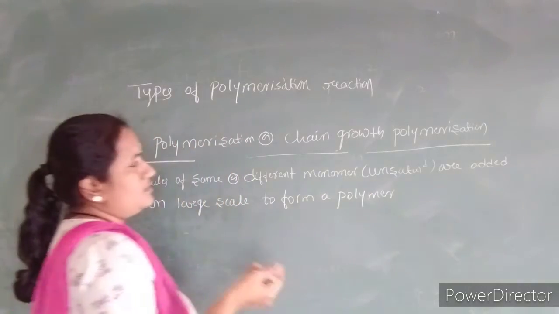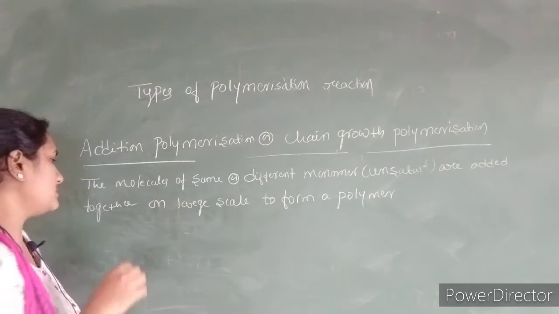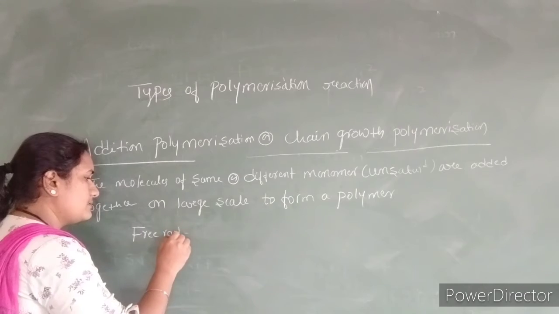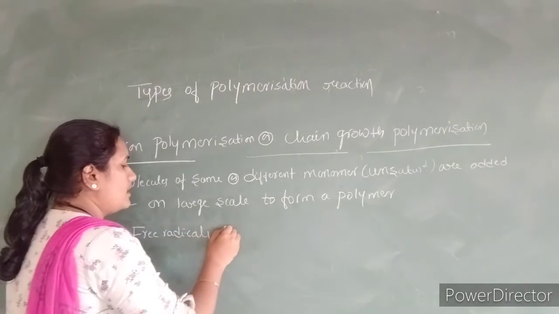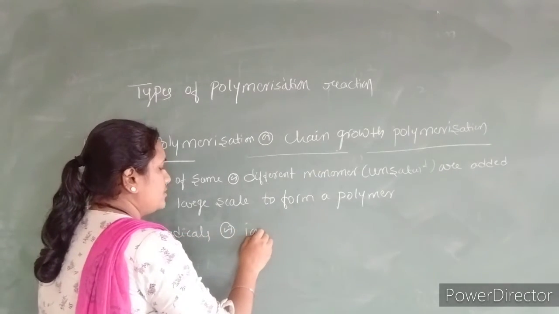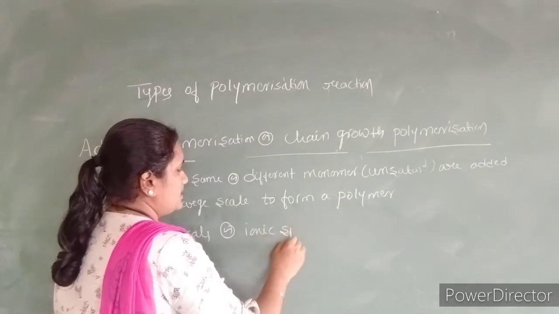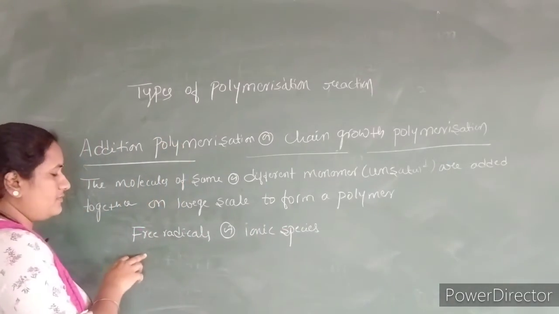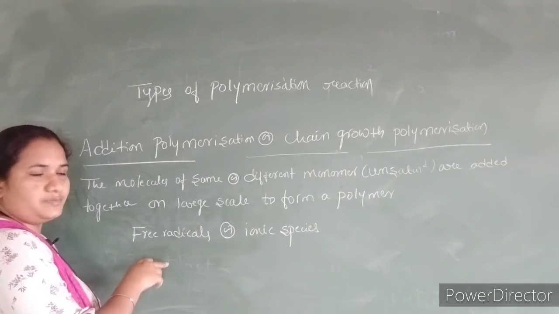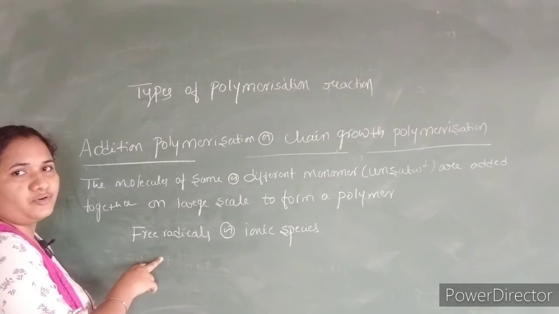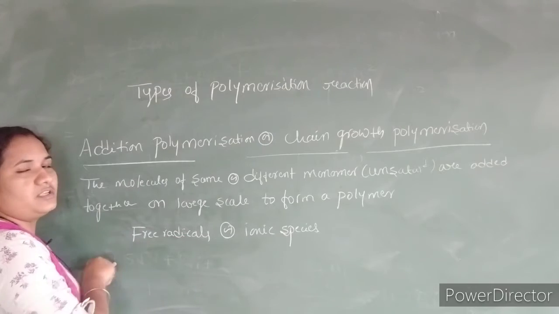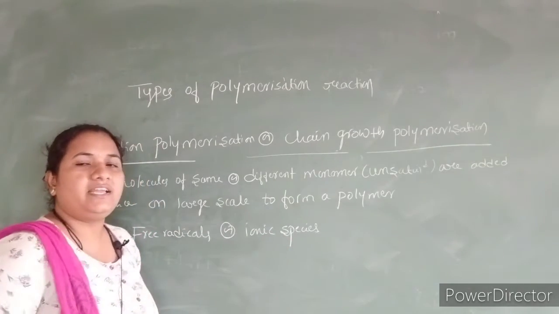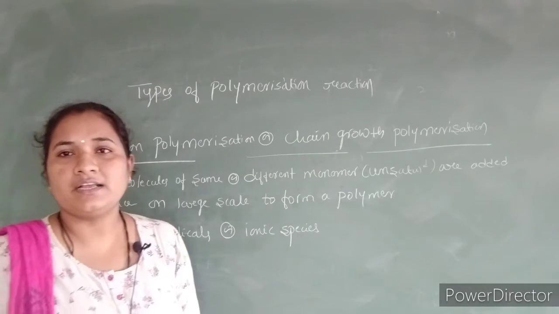This can take place by the formation of free radicals or through the formation of ionic species. Free radicals are species which carry an odd number of electrons. Ionic species must contain either a positive charge or a negative charge.